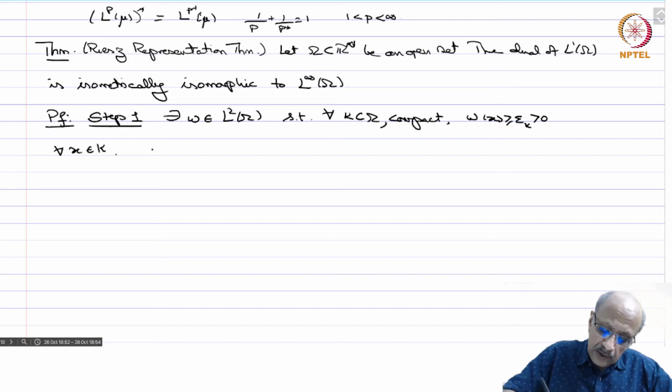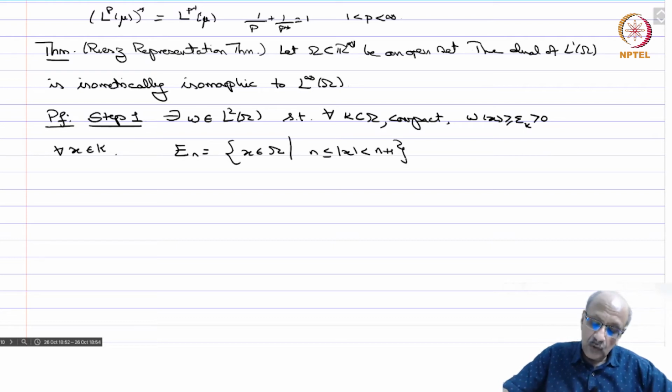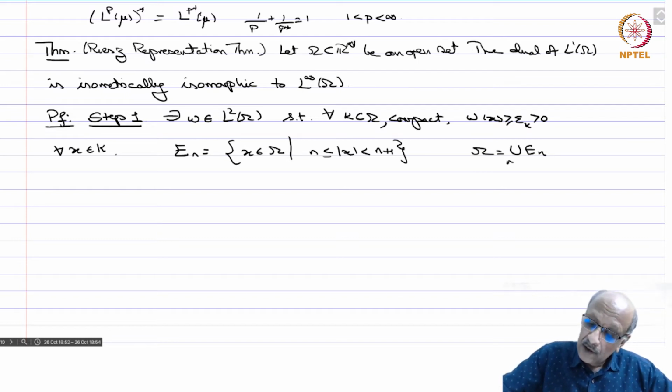So how do we do that? You consider E_n as usual, like we did earlier, only now you take annuli. Set of all x in omega such that n is less than or equal to |x| less than n plus 1. So omega will be the union of the E_n, n equals 0 to infinity.